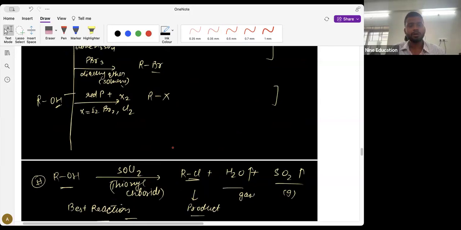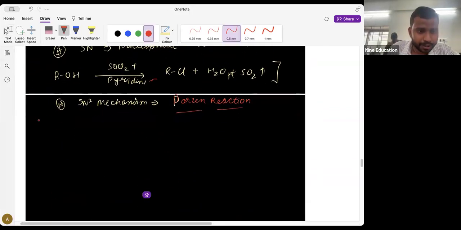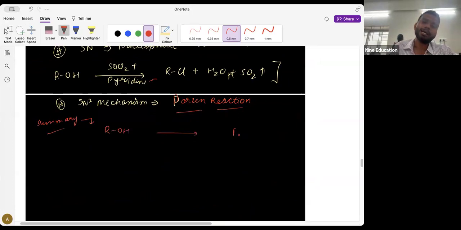So these were all. Now let's see the summary of how we made alcohols to alkyl halides. The first method was you can use Lucas reagent, which was concentrated HCl plus ZnCl2. The second method was you can use PCl5.